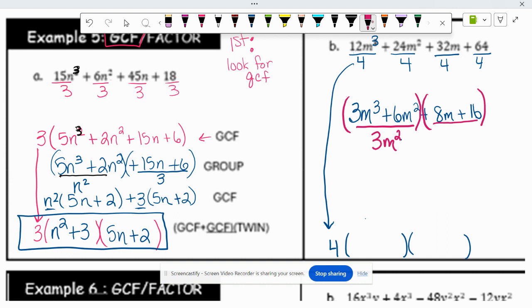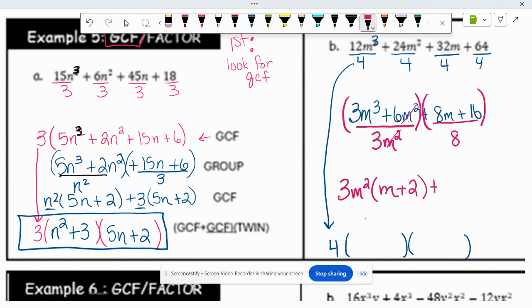What can I take out of both of those? 8. So I'm going to pull my 3m squared out. 3m cubed divided by 3m squared leaves me with just m. 6m squared divided by 3m squared. Well, let's see. The m squareds cancel out, and 6 divided by 3 is 2.